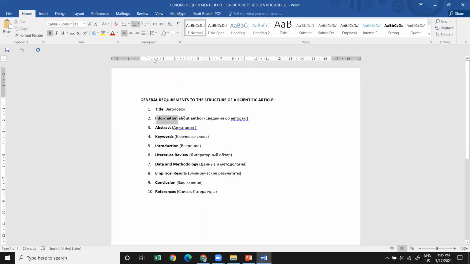So the title, the information about the author, the abstract, the keywords, the introduction, and the literature review. So basically the title, information about the author, and the abstract, sorry, the keywords included, these things should be on one page.